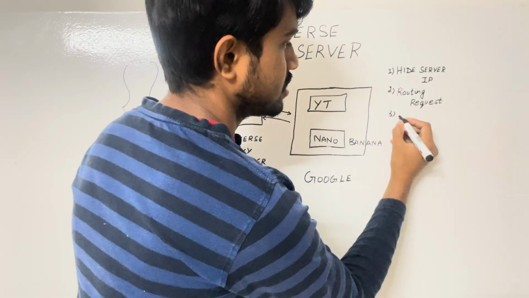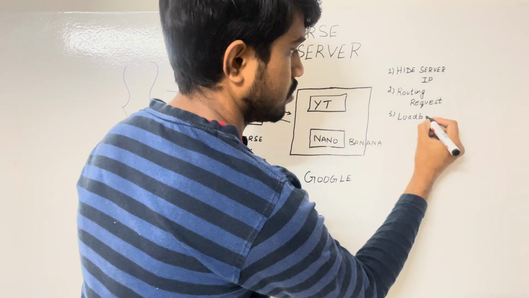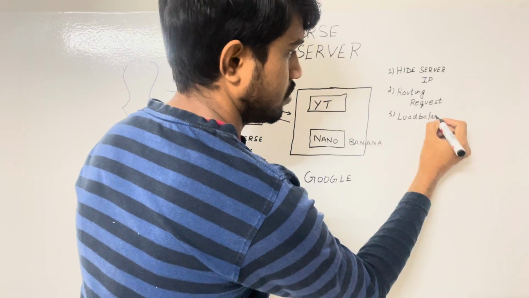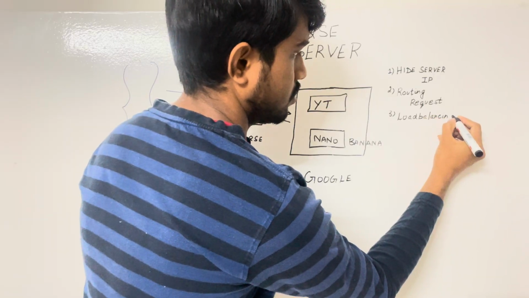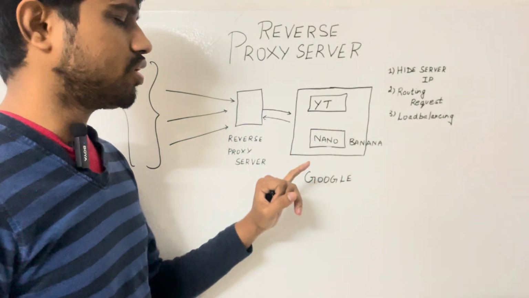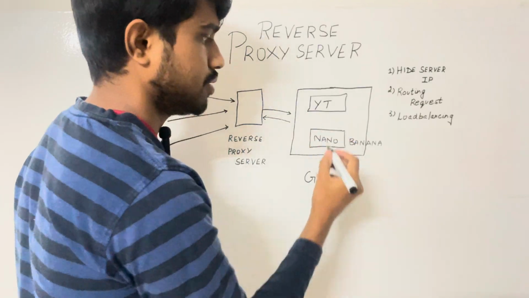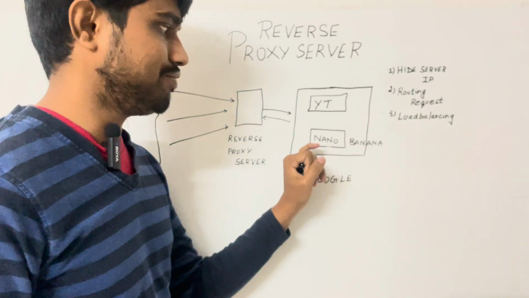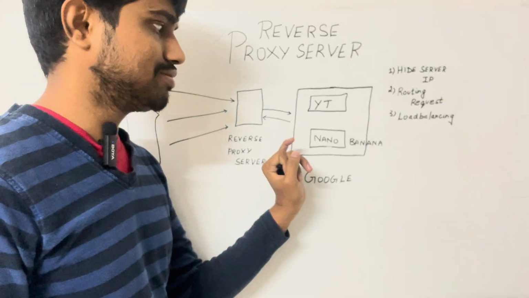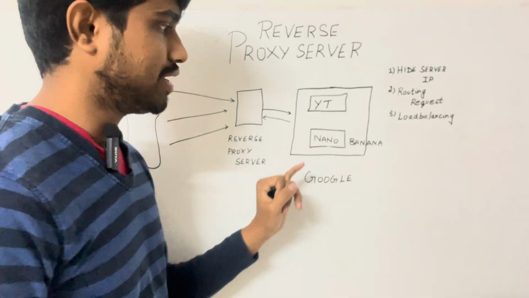So the third one is load balancing. So within the same server or within multiple servers, if they have more YouTube computers, because nowadays we are hitting the AI generator for images like a lot, right?